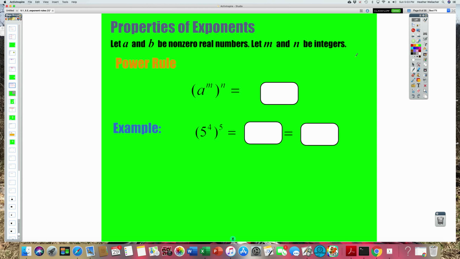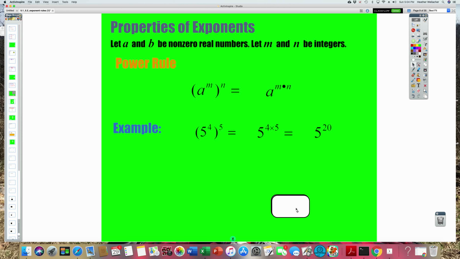So in summary, the power rule says a to the m to the n, so power to a power, says that I multiply. So an example, 5 to the 4th to the 5th would be 5 to the 4 times 5, or 5 to the 20. So I just want to show both examples real quickly here.